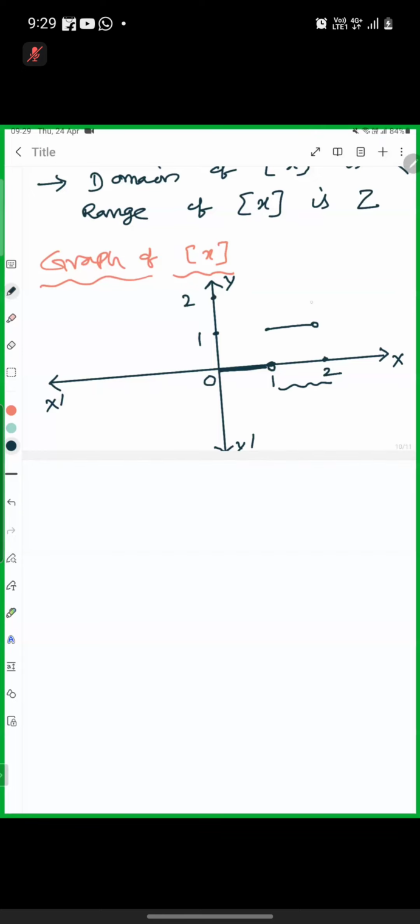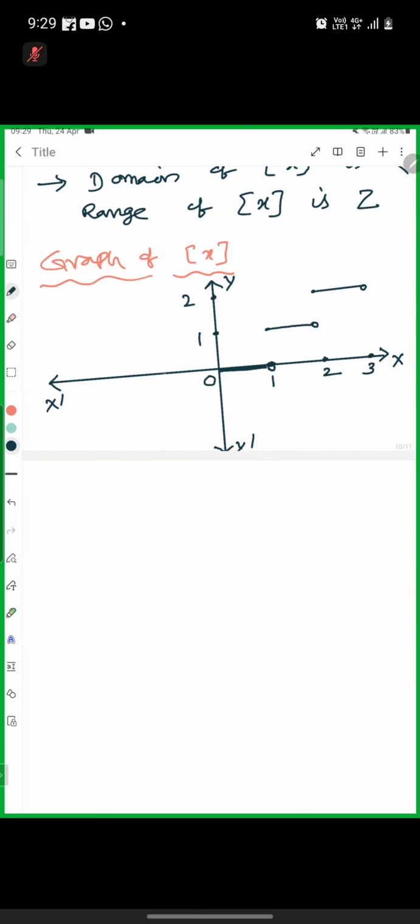And at 2, it becomes 2. And from 2 to 3, it is 2 only. Any doubt in drawing the graph? When x lies between 1 and 2, step x is 1: for all values such as 1.1, 1.2, 1.3, 1.9 it is 1 only. Similarly, between 2 and 3, it is 2.